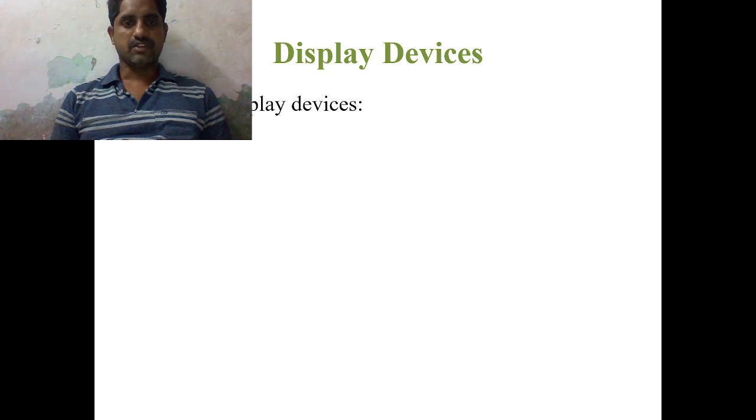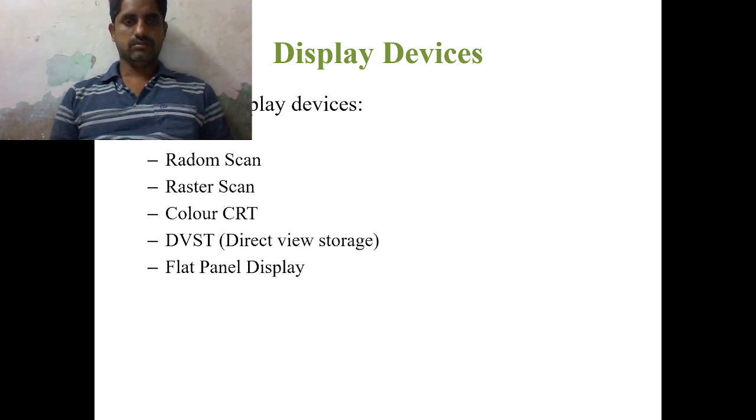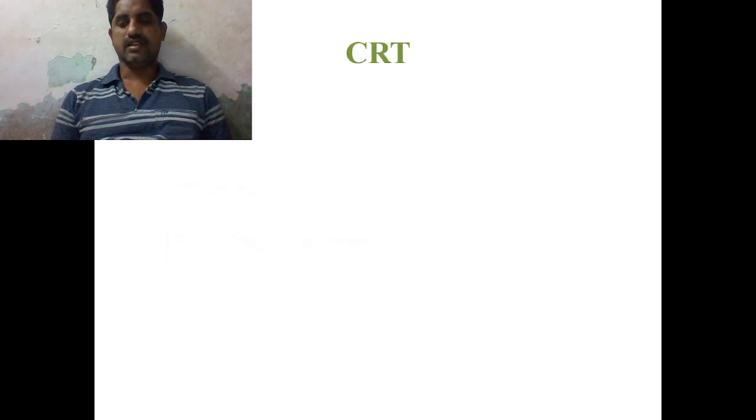So what are the types of display devices? That is CRT, random scan, raster scan, color CRT, DVST, flat panel, plasma panel, LCDs. So these are all the different types of display devices.